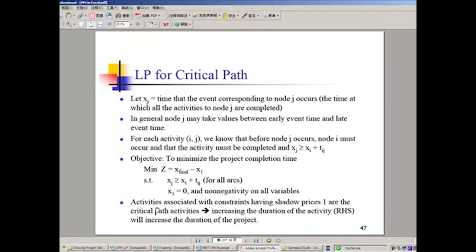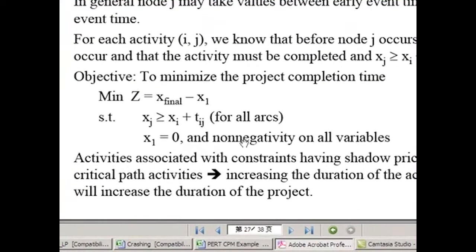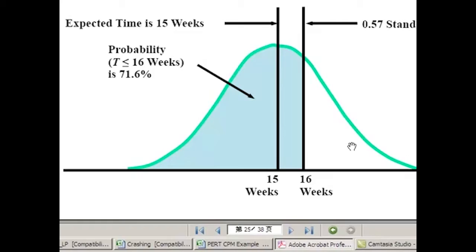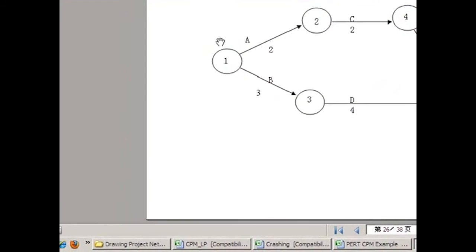So it's very easy after we specify this kind of constraints. Also, initially for the first node in the AOA network, the initial node, for activity A and activity B in this example, the earliest starting time is always 0 from the current time point.